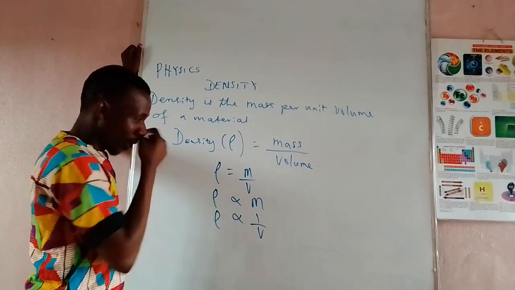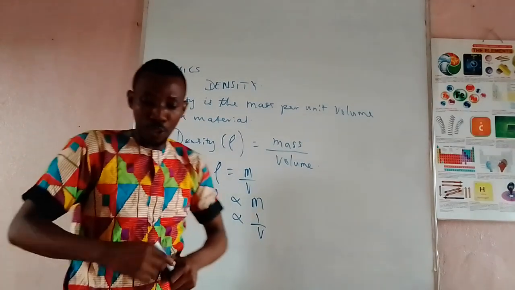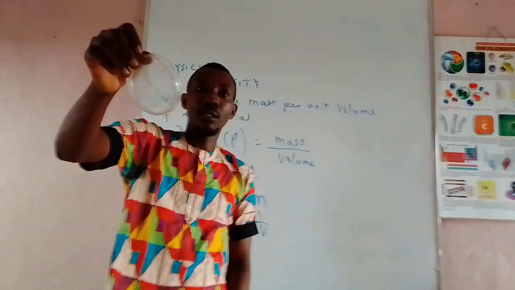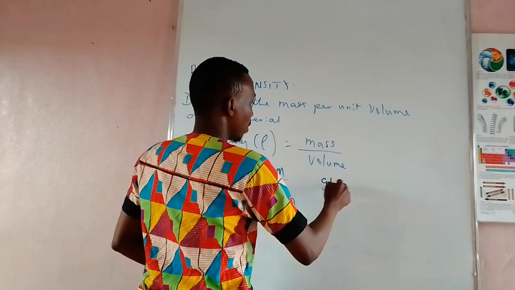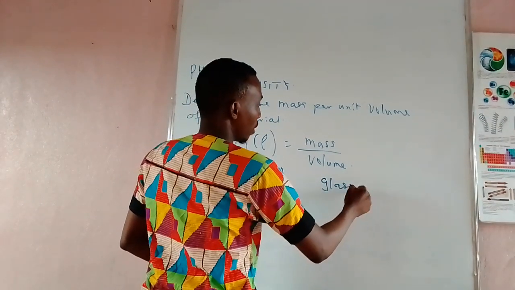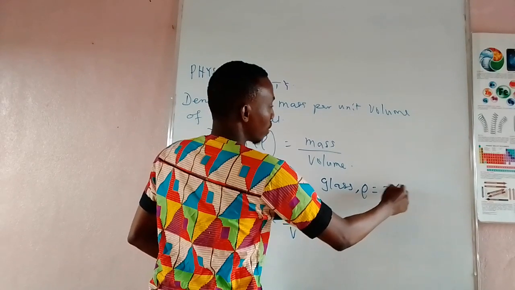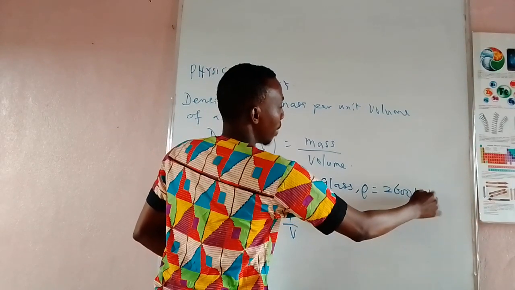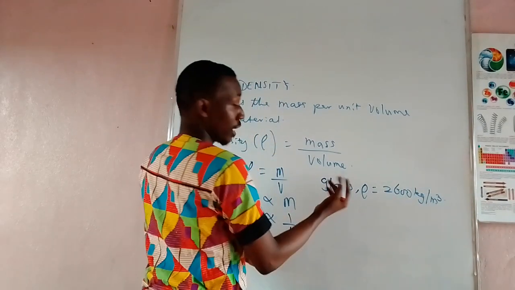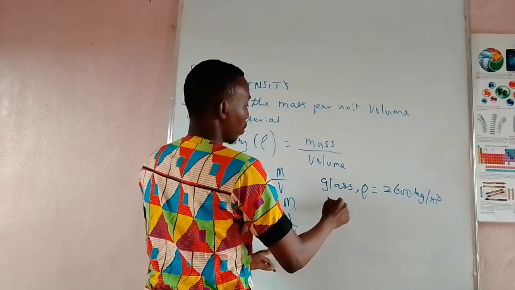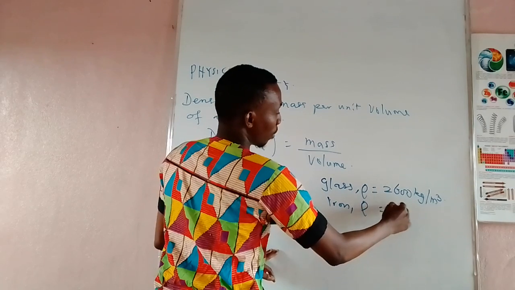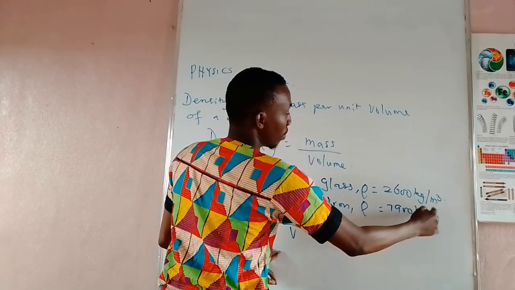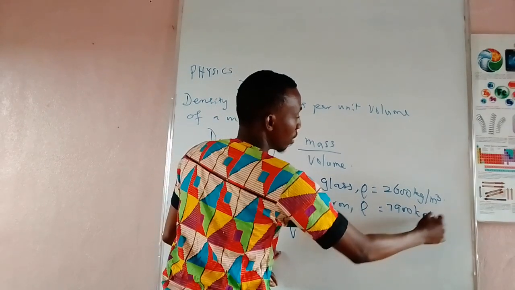So now, this will bring us to this. The density of glass is 2,600 kilogram per meter cube. The density of iron is 7,900 kilogram per meter cube.